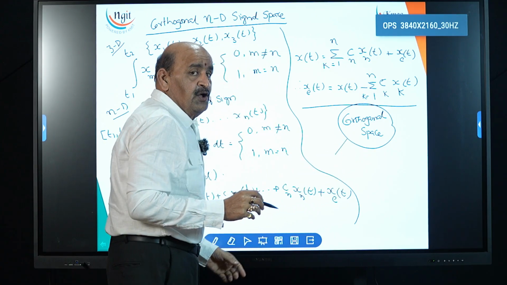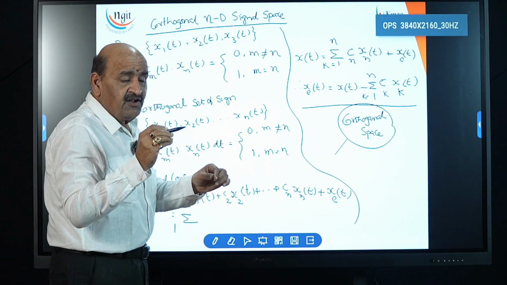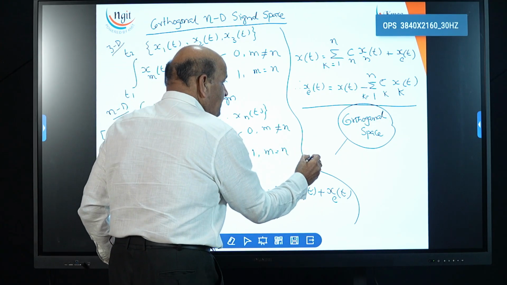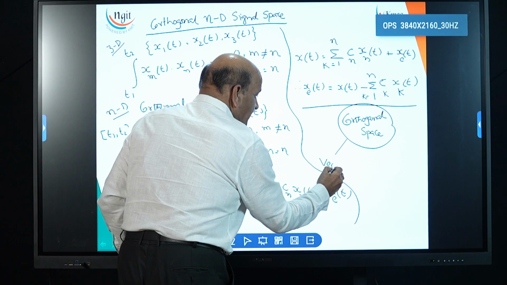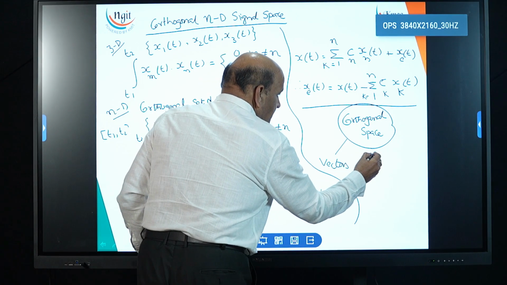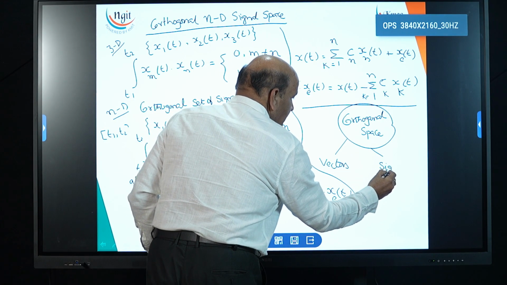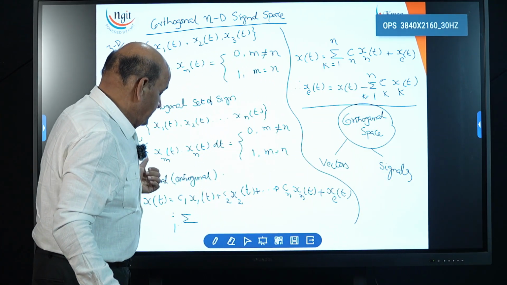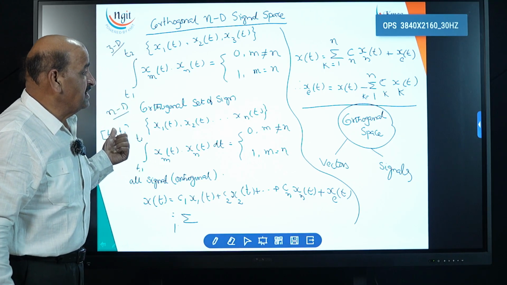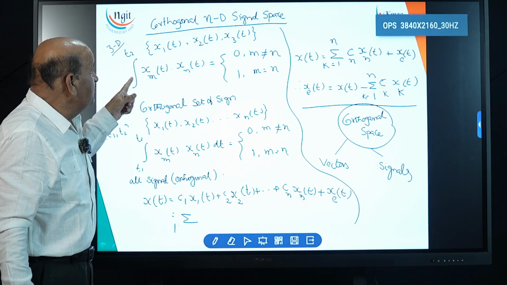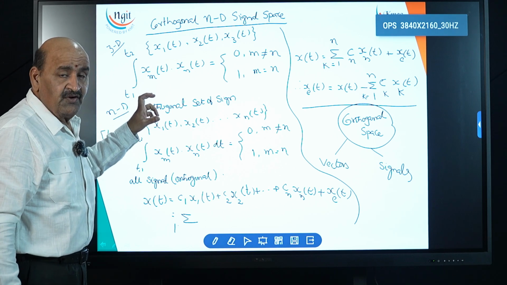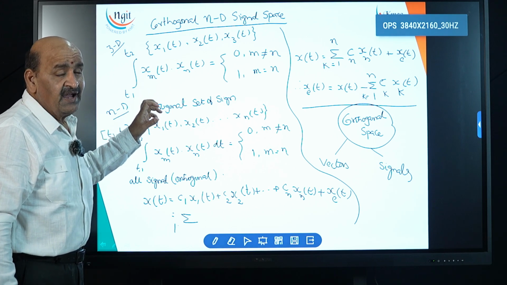Space means, at minimum, it should contain 3 or more elements, either vectors or signals. This orthogonality in space was discussed for vectors, and the same orthogonality is discussed for signals. This is the signals representation; in the previous one, that was the vectors representation. That is the orthogonality principle. That's why we were discussing the concept of analogy.